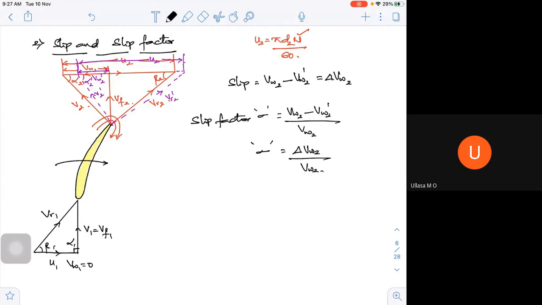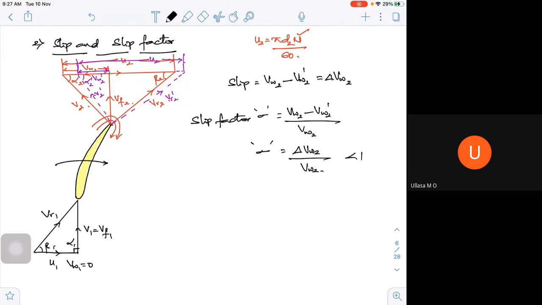So this is called your slip. Fine. Now, this number will be less than 1. The slip will reduce the work capacity of that particular pump.